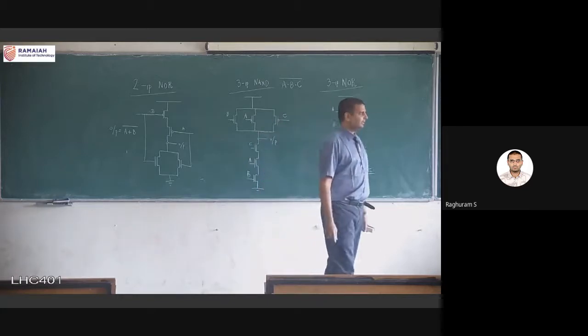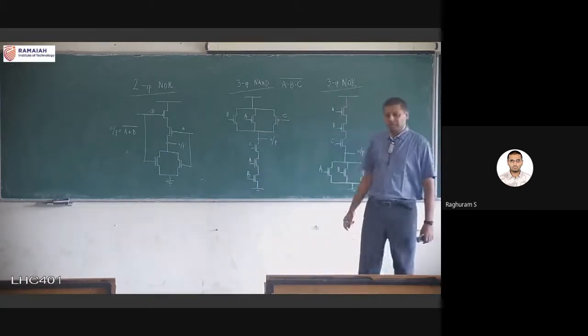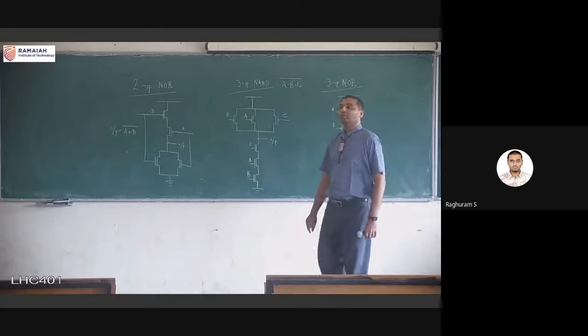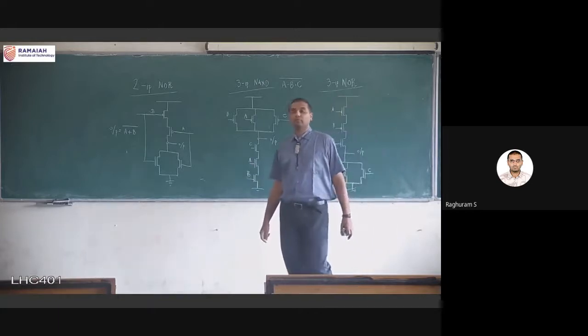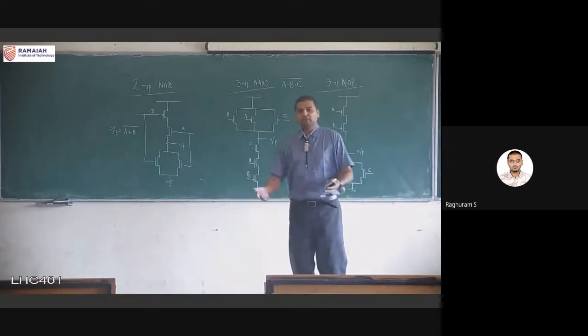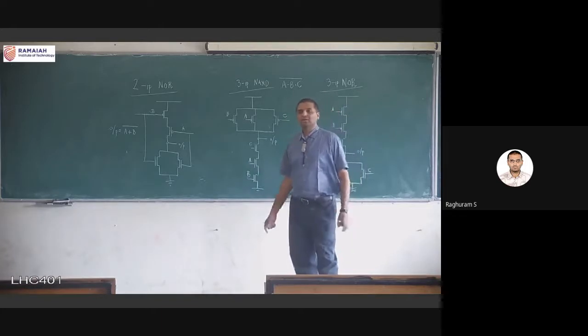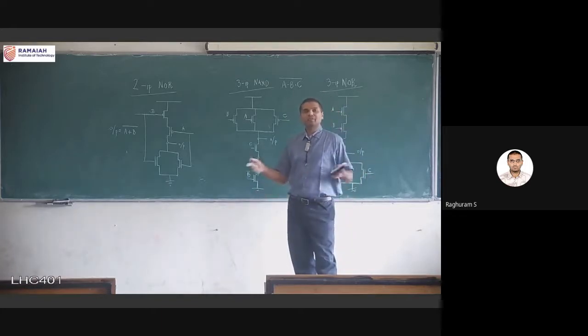And the second thing is, generally there are no basic gates beyond 4 inputs. You can do it, of course. Nobody says it is not allowed to have A, B, C, D, E, F, G, for example, in an expression.